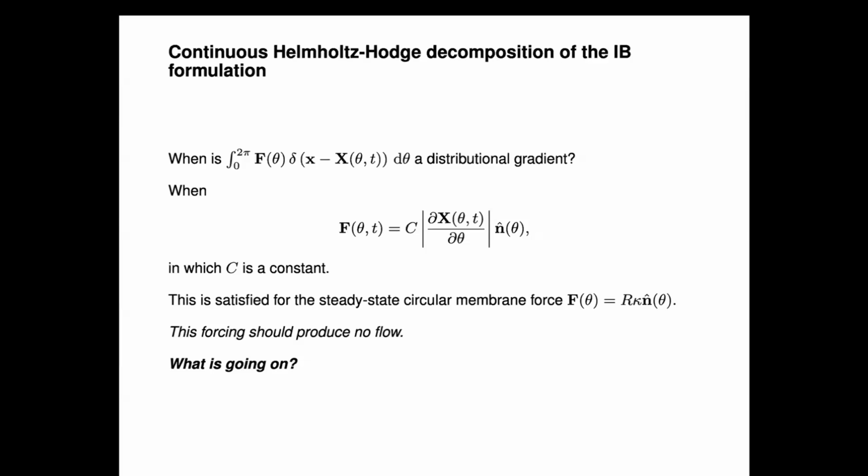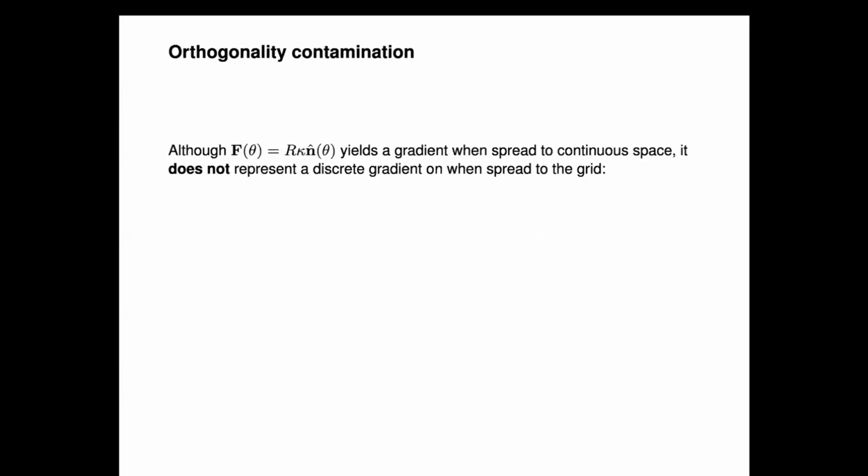And so something is being spread onto the grid that's producing flow that shouldn't produce any flow. So what's going on? So this thing, if we do it in a continuous sense, gives us a distributional gradient. But we're not guaranteed for it to be a discrete gradient if we don't construct the delta function in the right way.